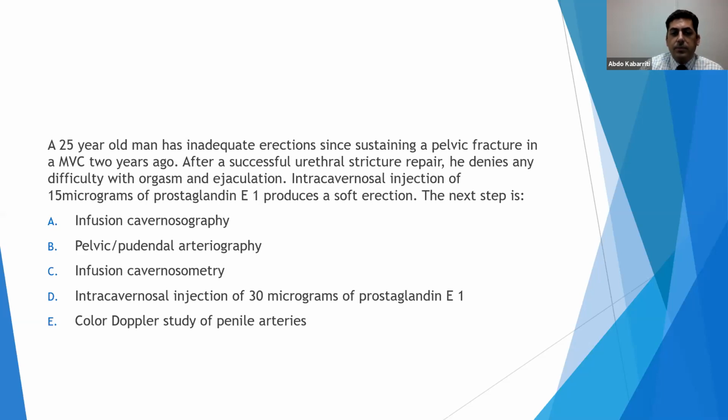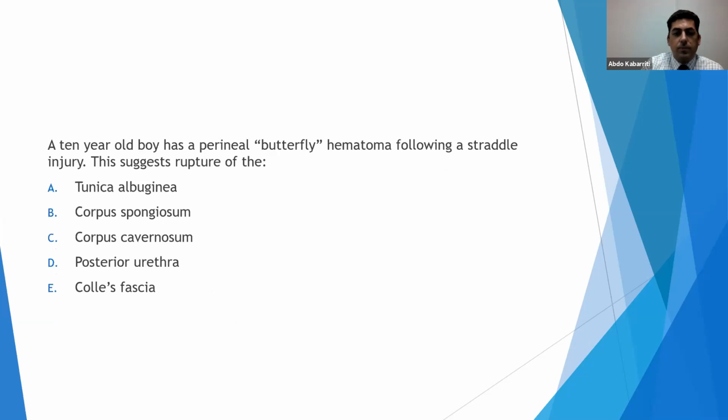The next step is, so in this gentleman, you're going to be worried about potentially what's going on with his penile artery. So for this patient, given the fact that he did not have the erection that you would expect with the prostaglandin, you're going to do a Doppler study of the penile arteries.